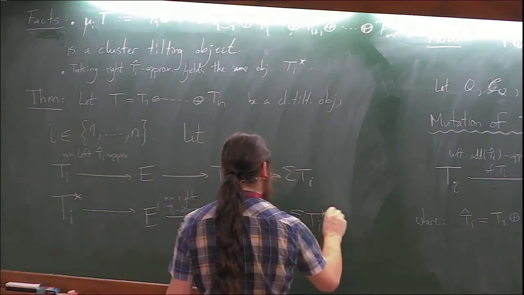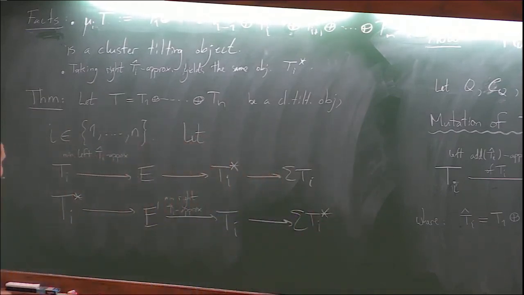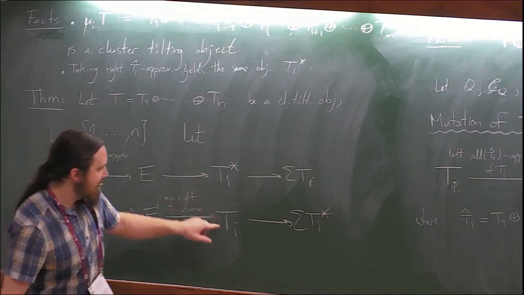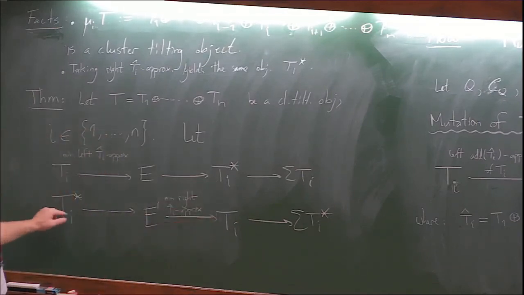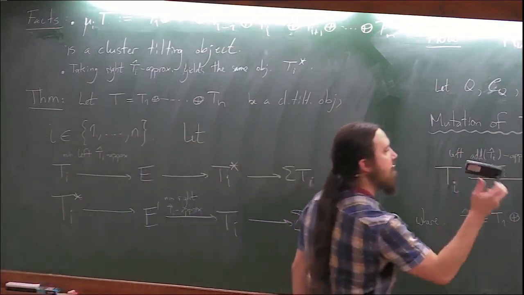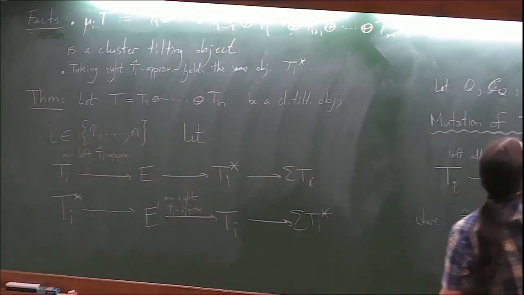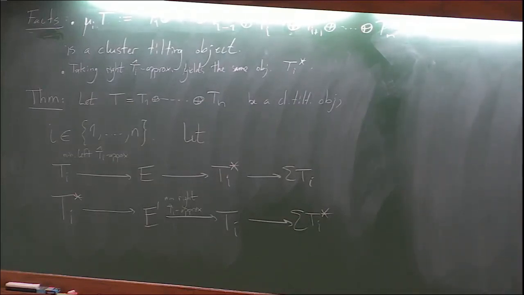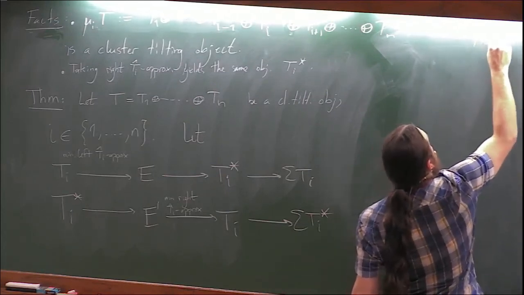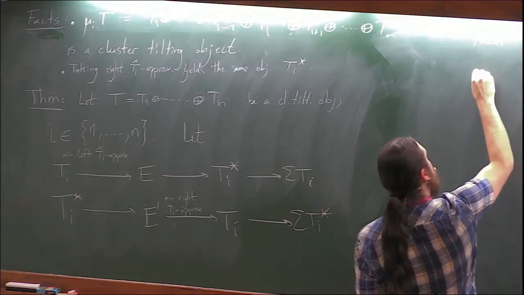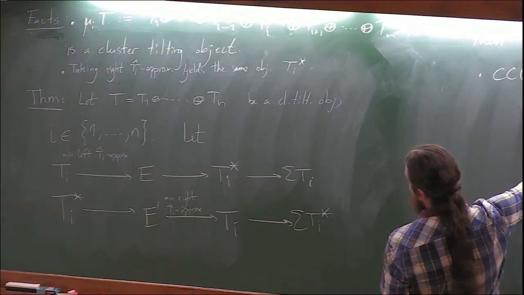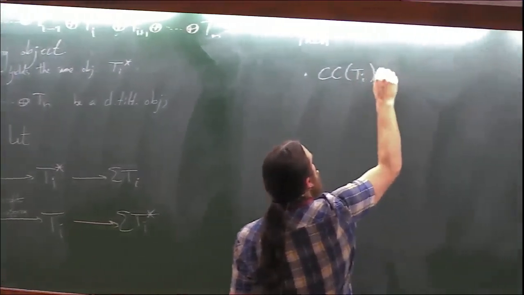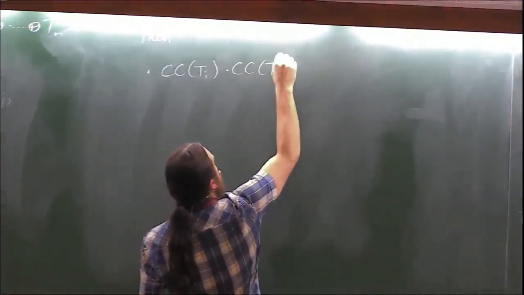If I take these two, and I want to compare the cluster character applied to Ti star and to Ti, then the cluster character applied to Ti times the cluster character applied to Ti star.